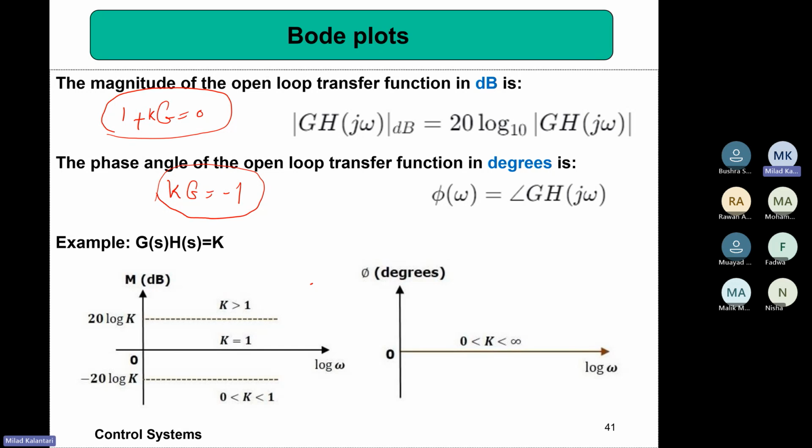So we should figure out from both diagrams when this situation is happening. The amplitude of k times g should be 1, but the phase should be negative 180 degrees.